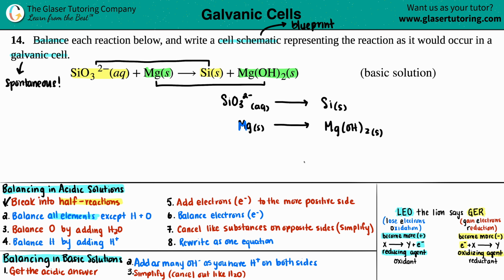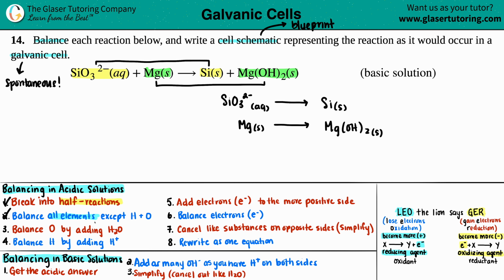So that's balanced. Notice how I do step number 2 for both equations, and then I'm going to do step 3 for both. It's just easier that way instead of doing all the steps for one and then going back. Notice how I don't look at the oxygens or the hydrogens because that's not this step. So step 2, we basically skipped over it because it didn't have to be done.